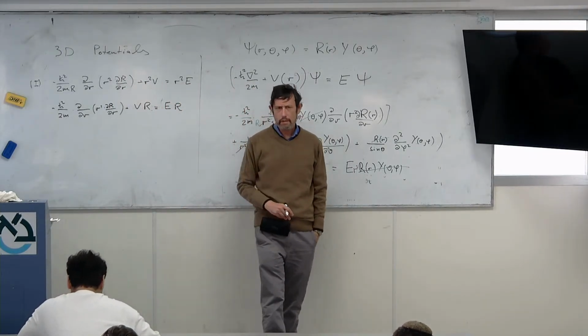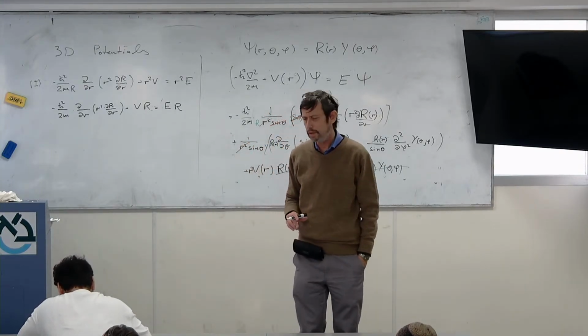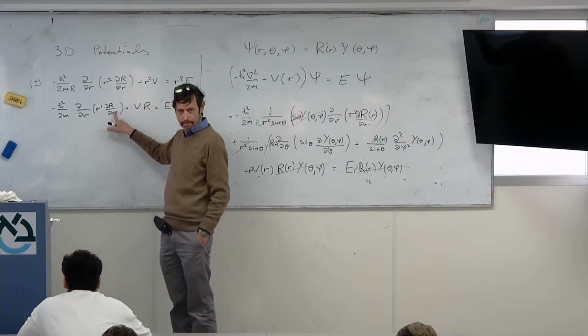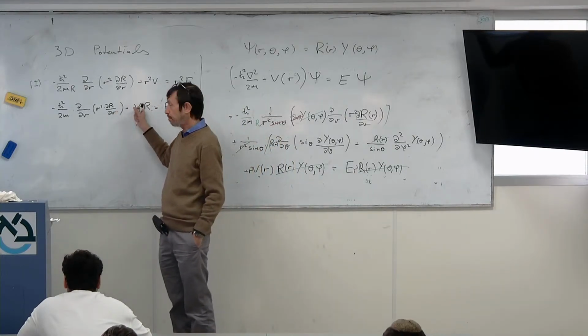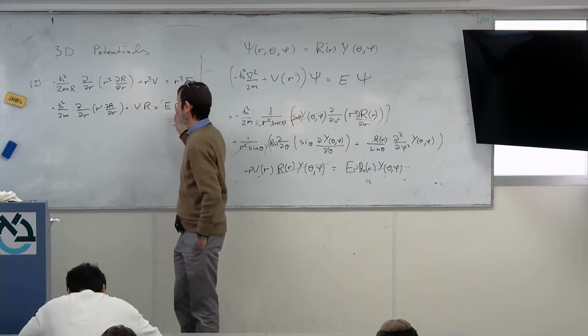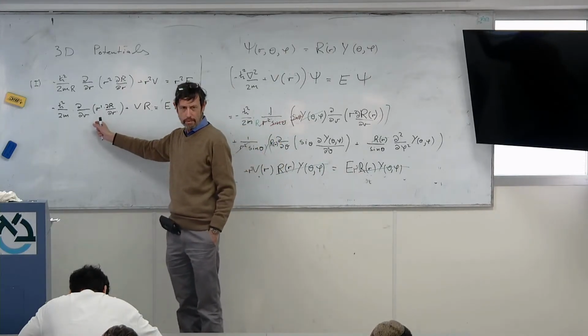Okay, this looks like a typical Schrödinger equation up to this term. Potential times the wave function, energy times the wave function here. It's a bit strange.